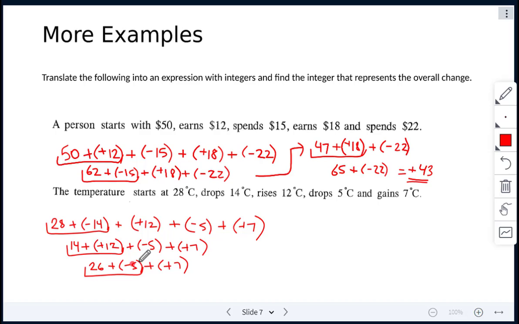We have a positive integer and a negative integer, so we have to subtract and then take the sign of the numerically larger number. So 26 minus 5 is 21, and it will be positive. And we're left with 21 plus positive 7, which gives me 28 degrees Celsius.